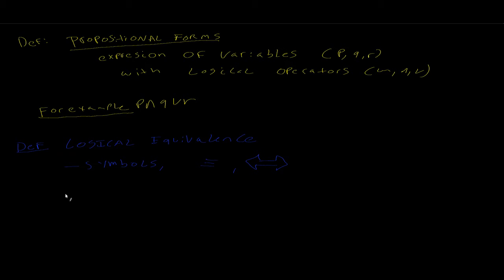This is a definition for logical equivalence. It's like the equal sign, but with an extra line at the top. And that's when a propositional form is equal to each other.